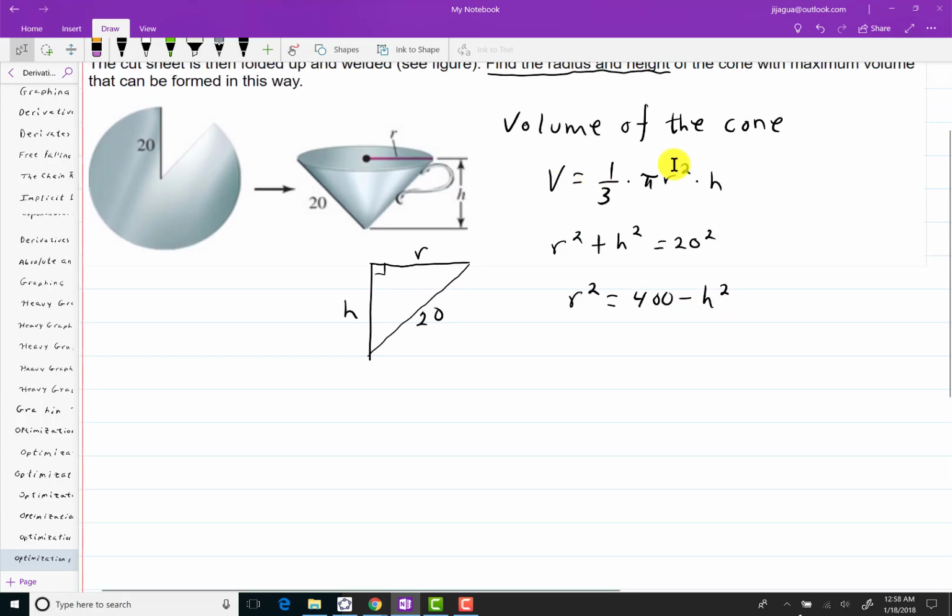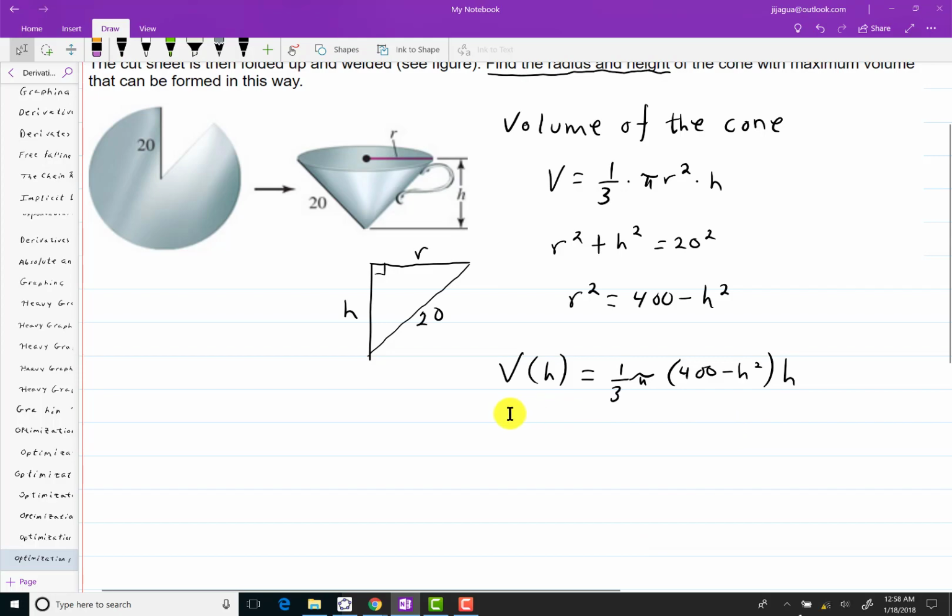When I substitute that in where I see r squared, the volume becomes a function of h. So I have 1/3 pi times 400 minus h squared, and then times h.